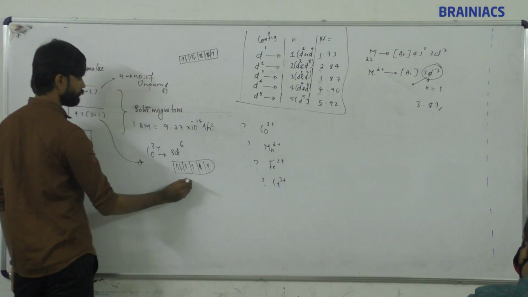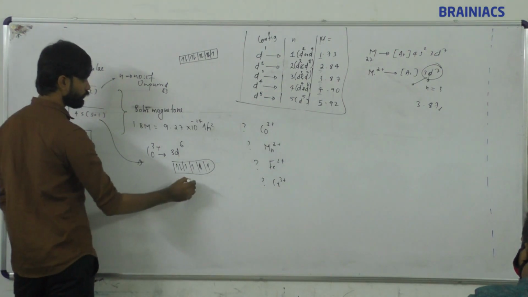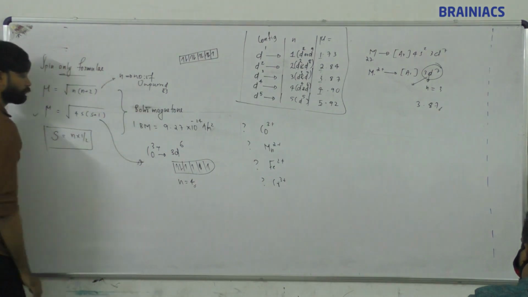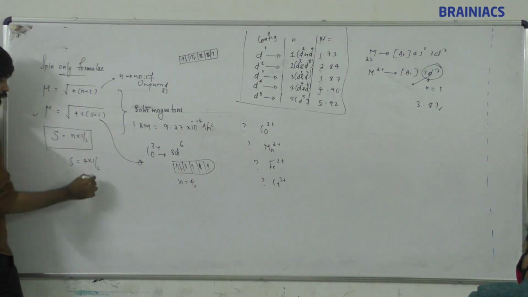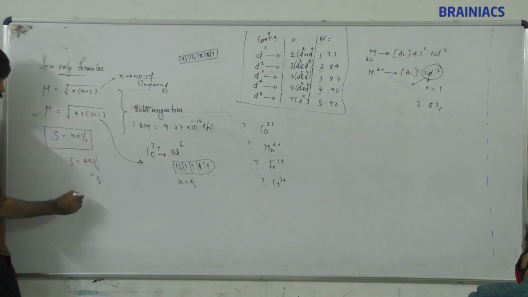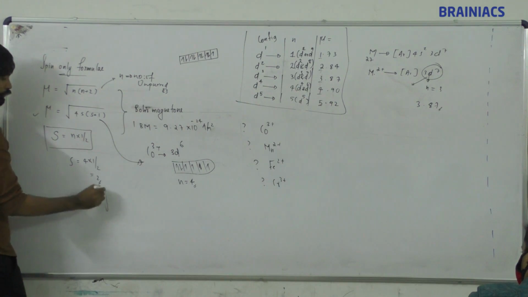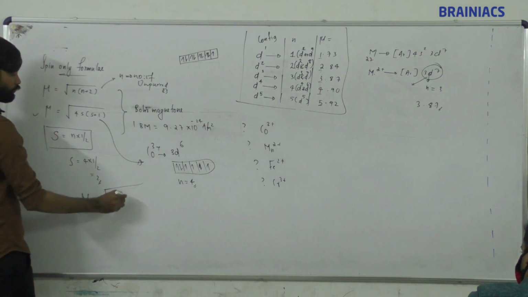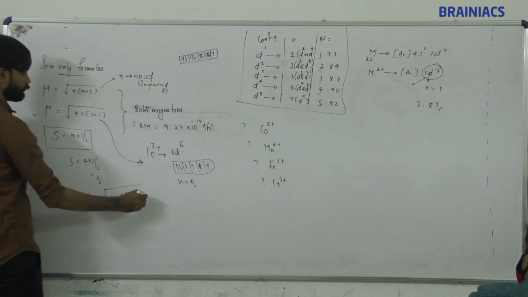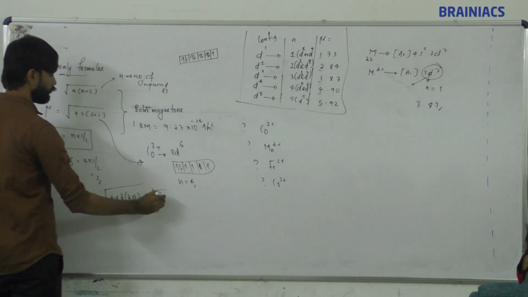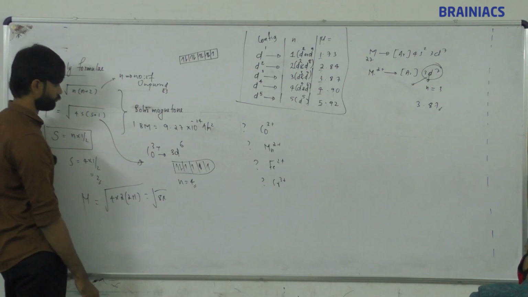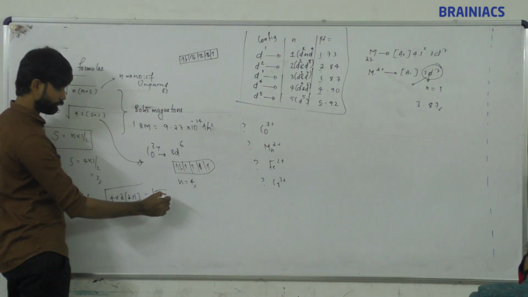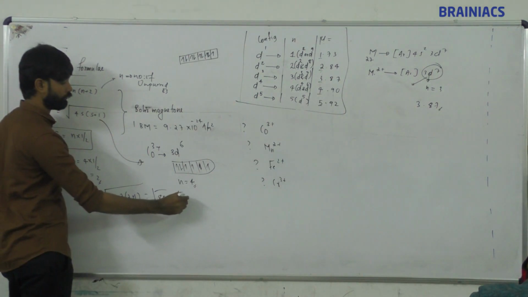So n is 4. So S is equal to 4 into 1 by 2, that is 2. So mu is equal to root of 4 into 2 plus 1, that is 8 into 3, 24.